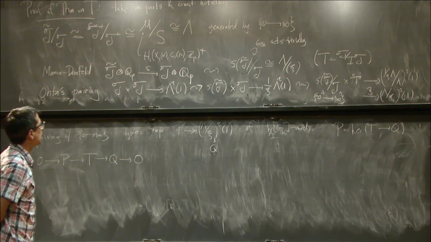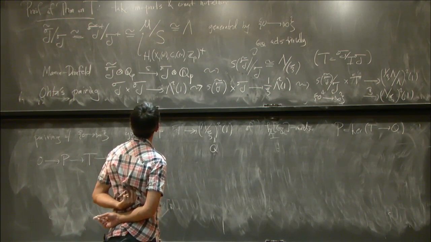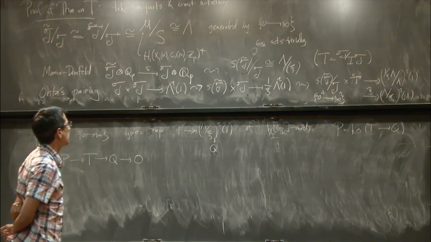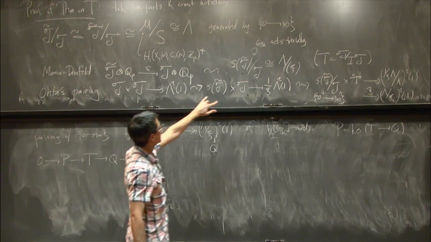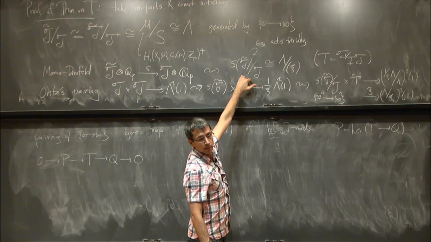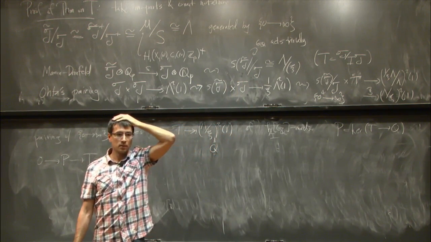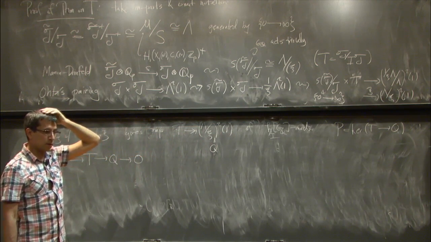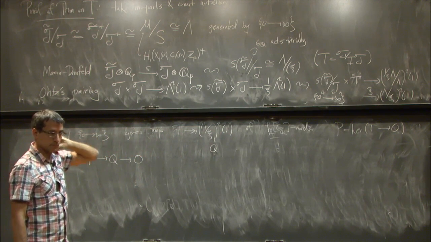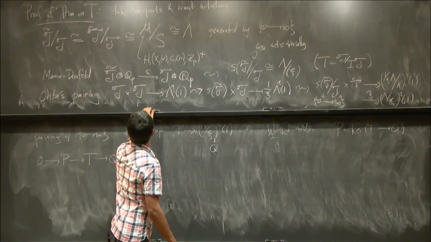Yeah, that's because the pairing is perfect, and 0 infinity generates this thing, mod T. Why does it generate this thing? Yeah, so that's what I was saying here.